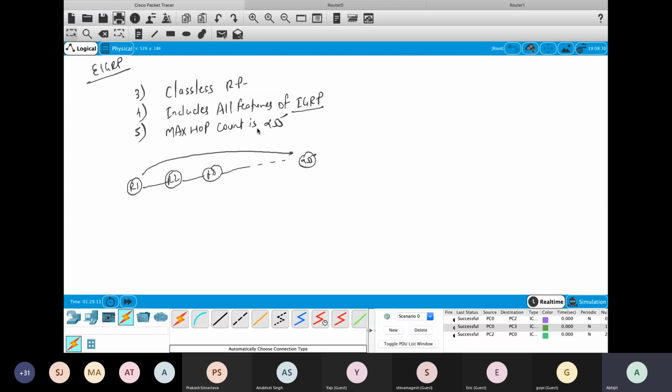However, the default value for the maximum hop is only set to 100. So by default, your traffic cannot go beyond 100 routers, but you can increase that value to 255. Make sense?